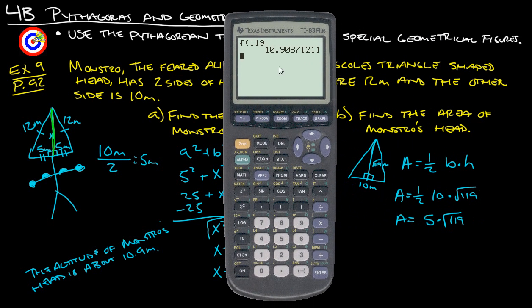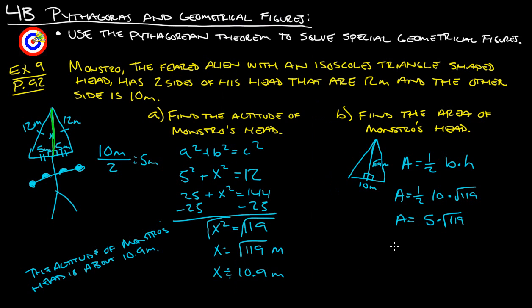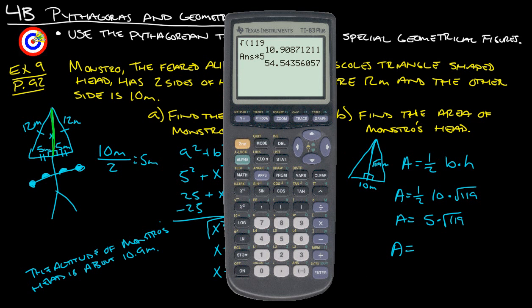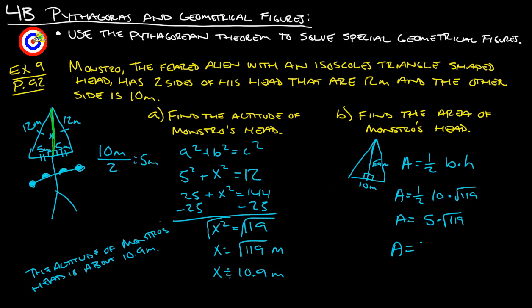Let's go back to our calculator. So there's our square root of 119. Let's just multiply that by 5. And we get that the area of Monstro's head is 54.54 meters squared.